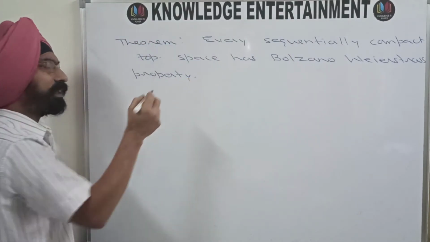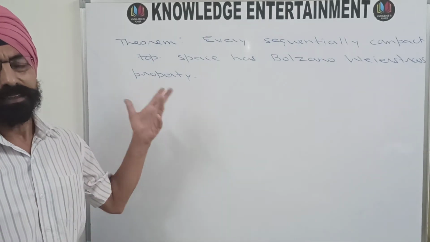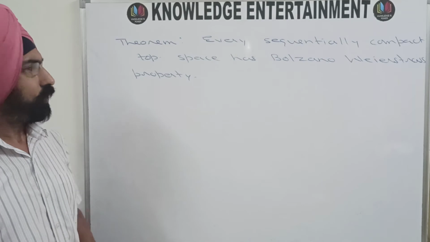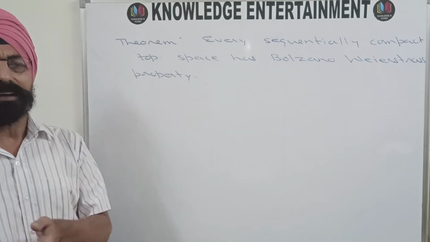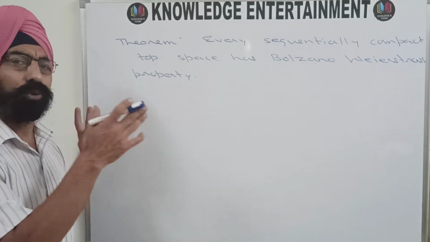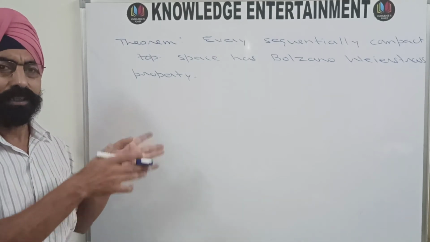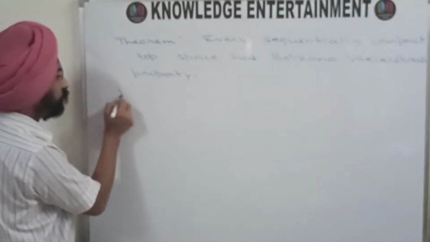And the Bolzano-Weierstrass property is that every infinite subset will have a limit point. So we will suppose that our topological space is sequentially compact, and then we will take an infinite subset of that, and then we will show that that particular infinite subset of X has a limit point. So let us move on to the proof now.